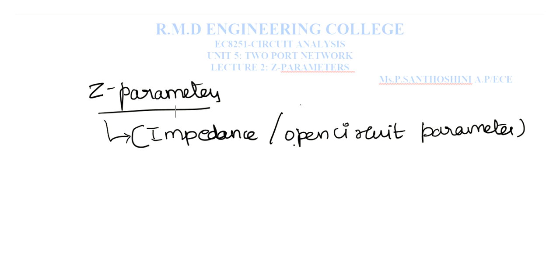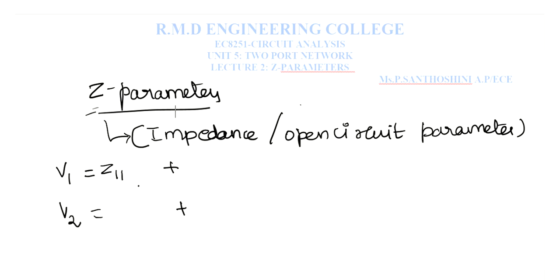Clear? Next, can you remember the expression? The Z parameter is always represented in terms of V1, V2 and in terms of I1, I2 you have the equation, using the letter Z. So what are the matrix numbers? Z11 plus, all the equations have plus except ABCD.